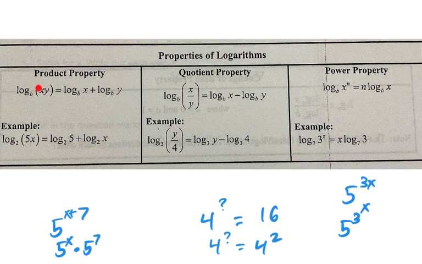Kind of like how you did it, 5 to the x plus 7, you did 5x. It's very similar. Because what is this? Remember, ask the question. Log base 5 of 125.